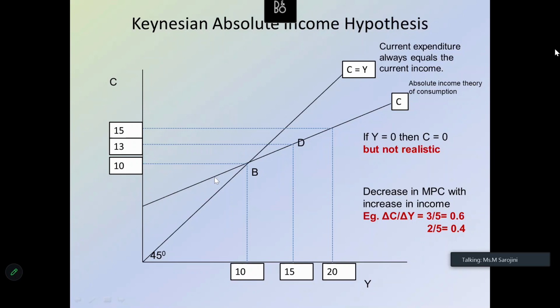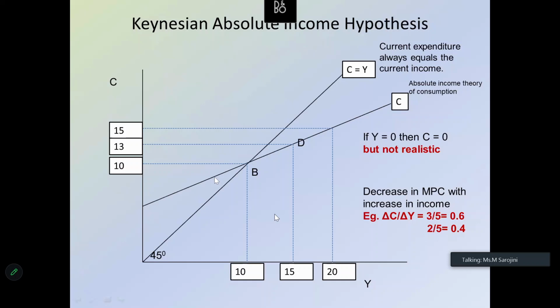Therefore, zero income does not indicate zero consumption. That is not realistic. But the decrease in MPC, that means when the income increases, the MPC will decrease. That's also we can derive here, right?